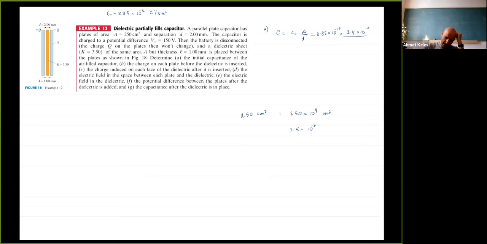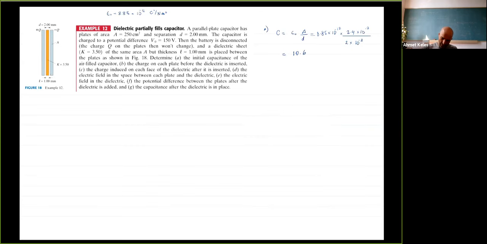And I should divide this by the distance, which is 2 millimeters, which is 2 times 10 to the minus 3. So this whole thing should give me something in farads. You can work your units out.